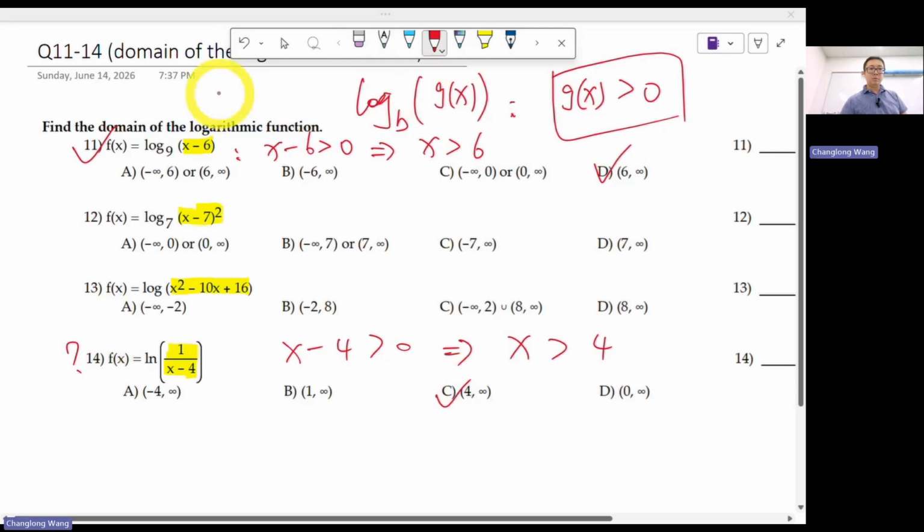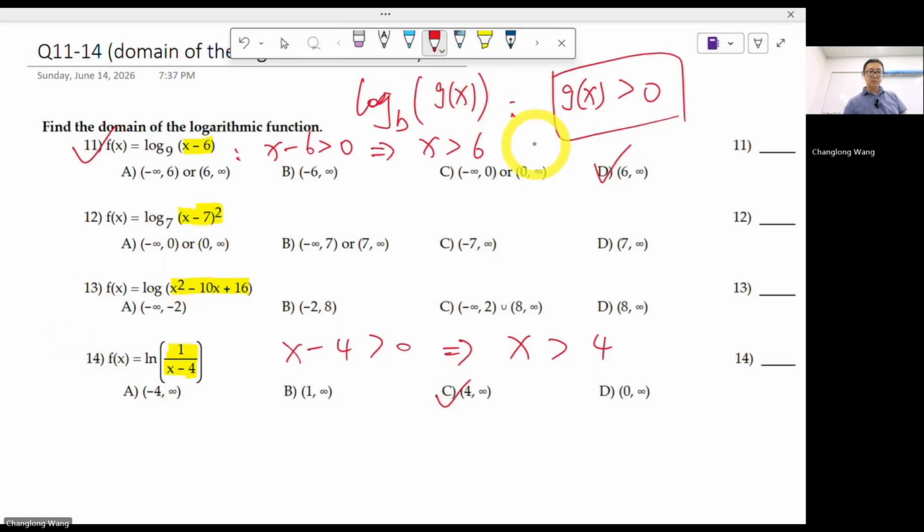All right, now what about number 12? Try number 12. Okay, so Zach says it's B. Can you tell us how you figured it out? Good.